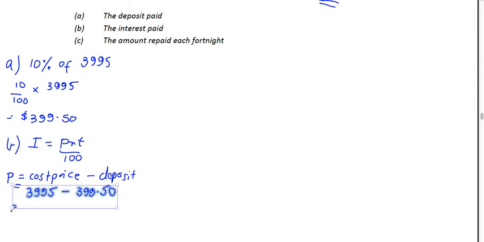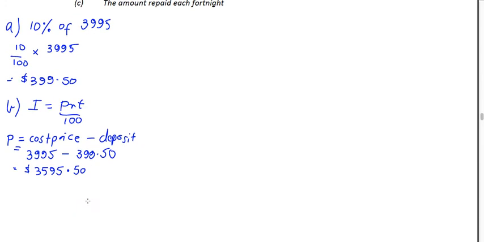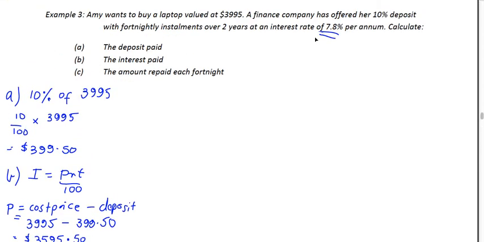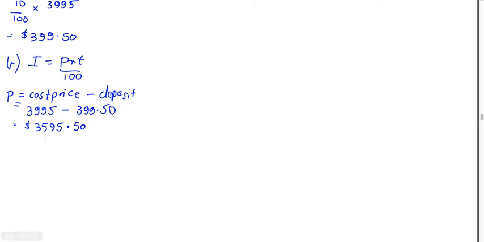Oh, this isn't working for me very well. And we get 3,595.50. Let's work out the interest now. We've got the rate, that's up here in the question. The rate was 7.8 and we've got 2 years of payments.